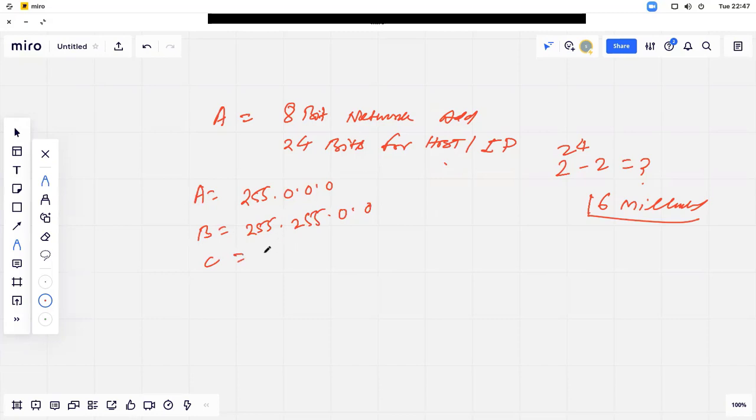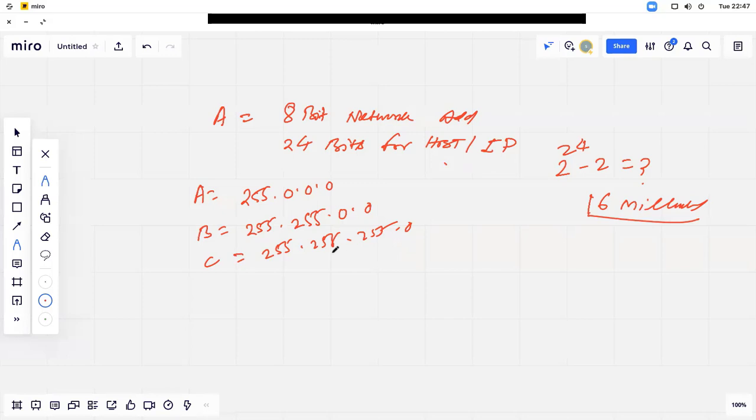In C class, we have 255.255.255.0. This means the first octet in A class is the network address. In B class, 255.255 means the first 2 octets are for the network address, and in C class, 255.255.255 means the first 3 octets are for the network address. So as more bits are captured for the network address, your host address will decrease.